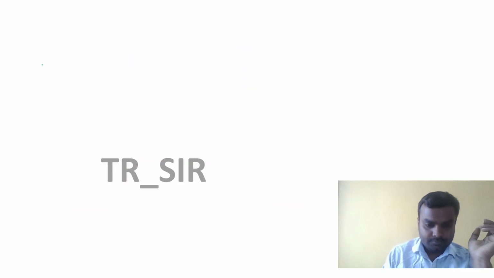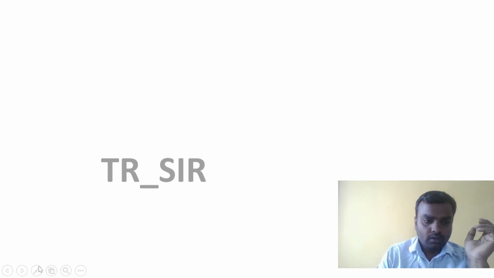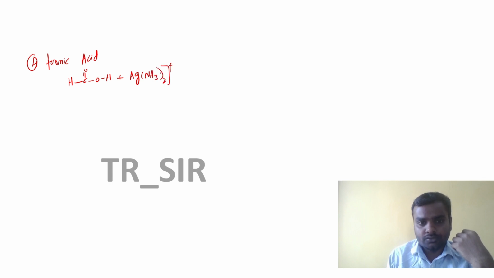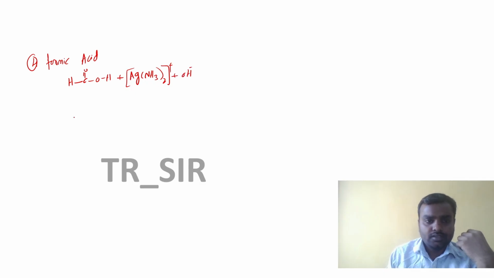Now we can also take formic acid, the fourth one. Formic acid: here we have H, C double bond O, OH. Again, we take ammoniacal silver nitrate, [Ag(NH3)2]+ plus OH-.